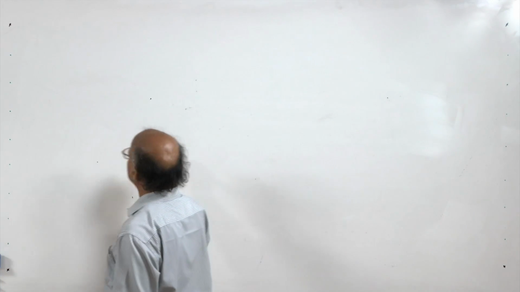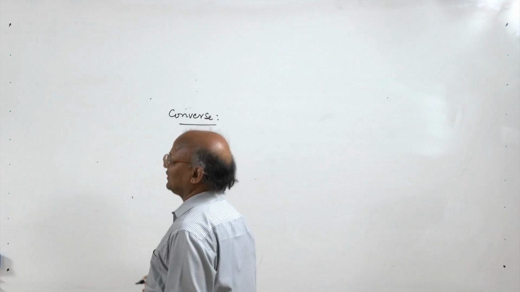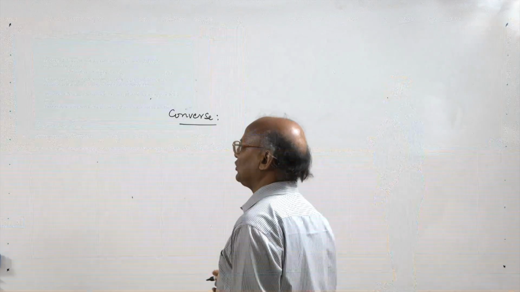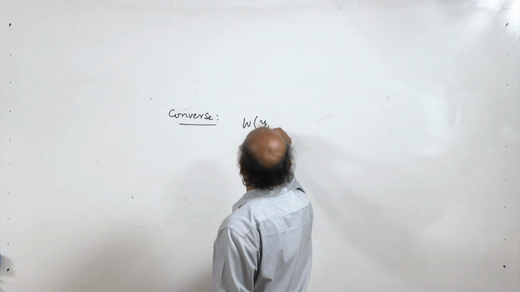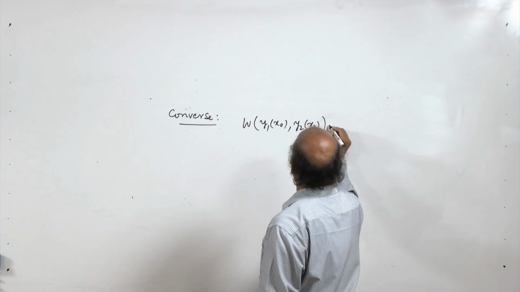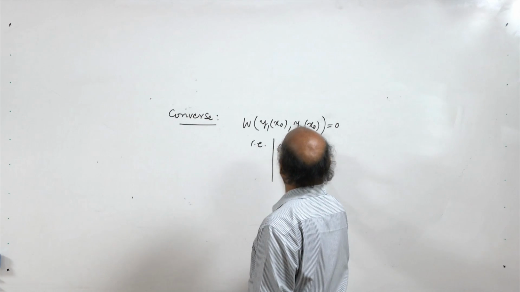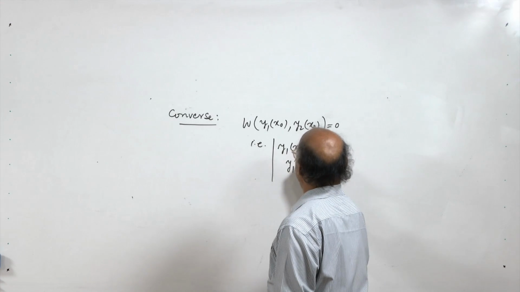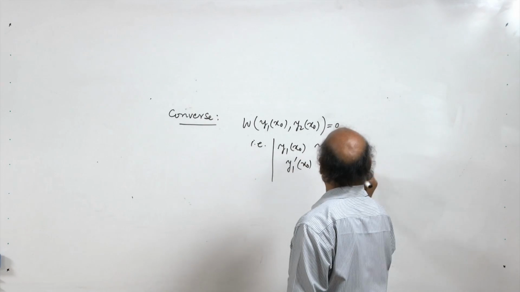For the converse, let us assume that the Wronskian W is 0 for some x equal to x naught in I. So W at x naught, W of y1 and y2 at x naught, is equal to 0, that is, the determinant with rows y1(x naught), y2(x naught) and y1 dash(x naught), y2 dash(x naught) is equal to 0.